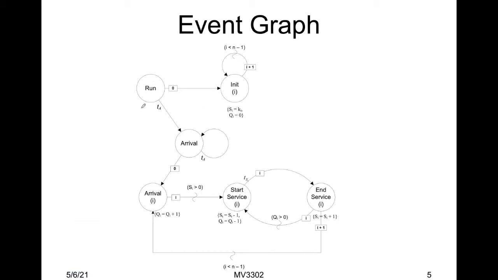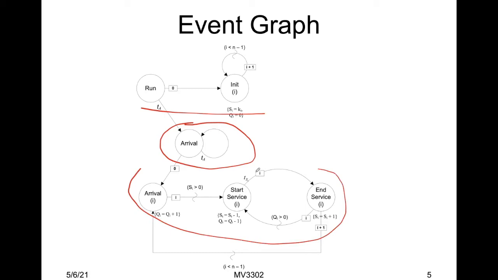One is this for loop. Another pattern we've seen a lot is this event that gets scheduled with a certain delay and just keeps scheduling itself. And this other piece here is yet another pattern that we see recurring.